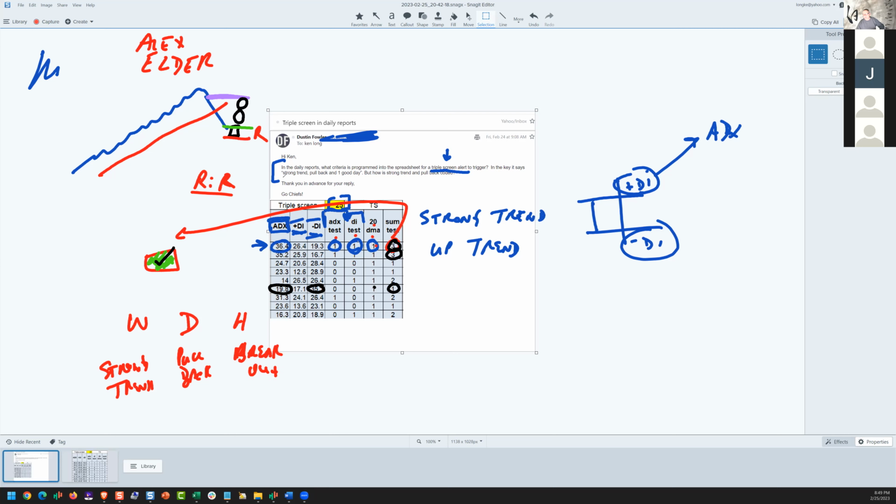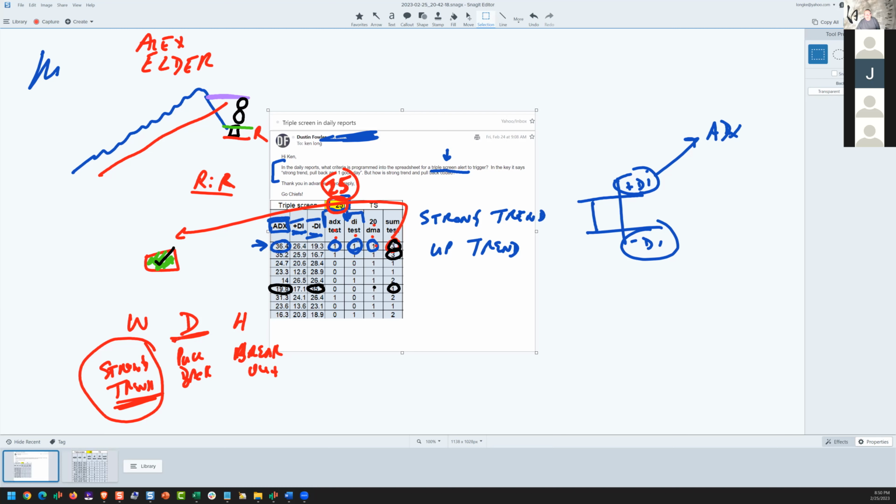Now, to simplify, my simplification is that I chose 25 ADX on the daily. If the daily ADX is 25 and the plus DI is greater than the minus DI, and then you went and looked at the weekly charts, you would always see a strong trend. Math. So I don't have to actually run that on weeklies.